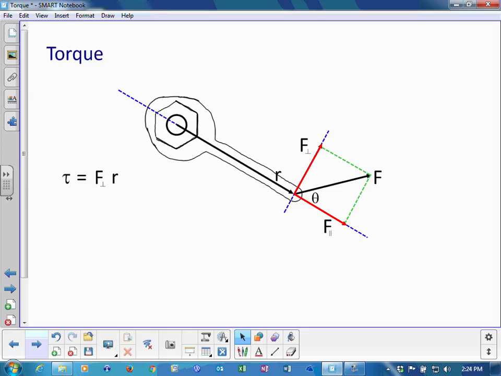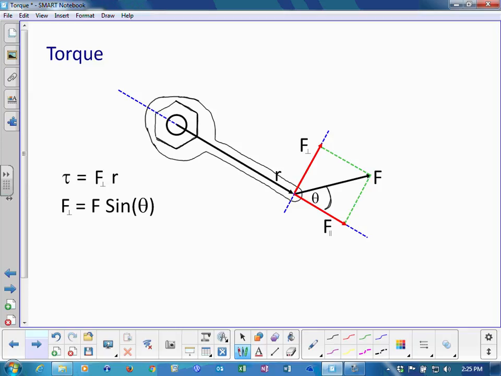And so we can express the torque applied to the nut right here as equal to that perpendicular component times the magnitude of the position vector r. We can further express the perpendicular component as being equal to the force times the sine of the angle theta. And that should be familiar to us by now.